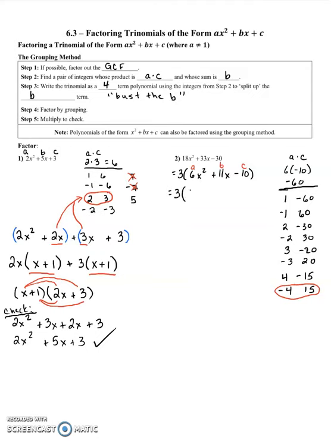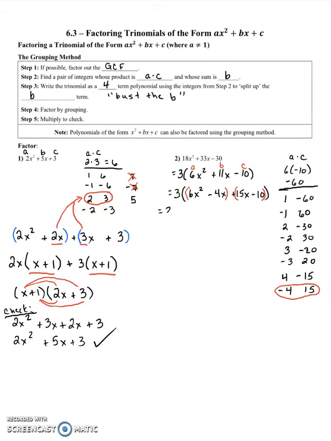And now we're going to bust the b. So 6x squared stays the same. We're busting the b, so let's write minus 4x plus 15x minus 10. Now we're going to factor by grouping within the parentheses. So let's group the first 2 terms and group the second 2 terms.